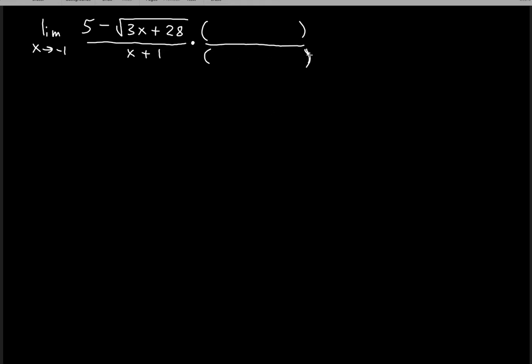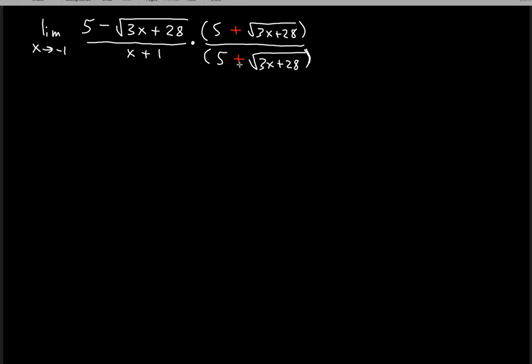And the conjugate of the numerator is going to be 5 plus the square root of 3x plus 28. Right? So conjugate usually just means that you're going to replace the signs in between two terms, usually. So 5 minus will give you 5 plus. That would be the conjugate.